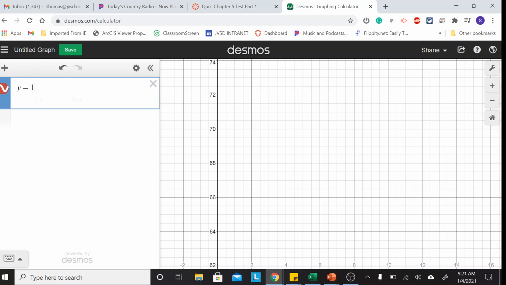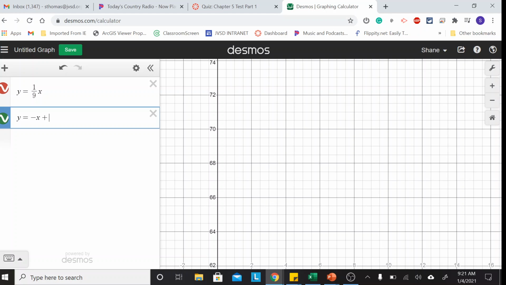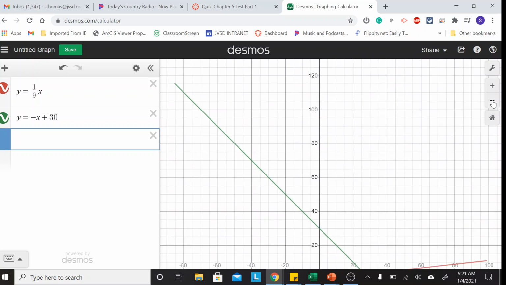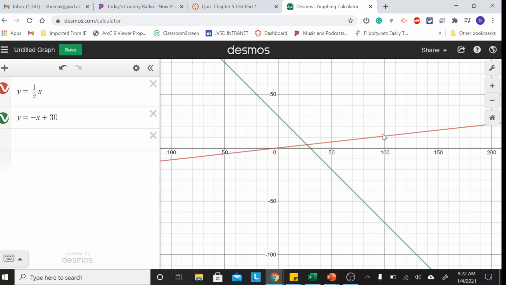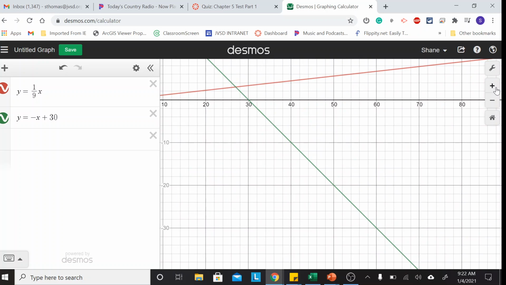Okay, so y equals 1/9x. The next one, y equals negative x plus 30. Boom. Got to zoom out a little bit here. They cross one time, yes. What's your answer? There's 27 righties, 3 lefties.